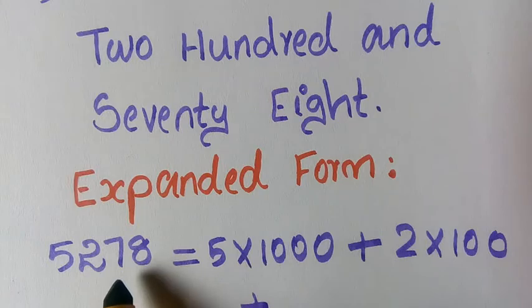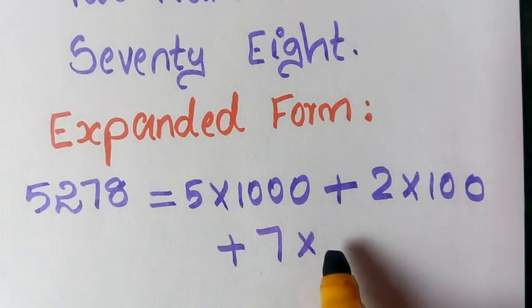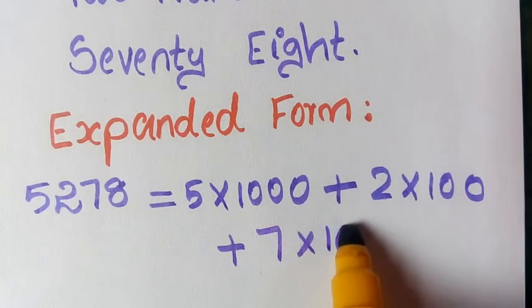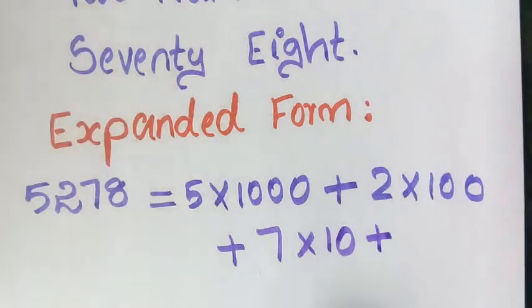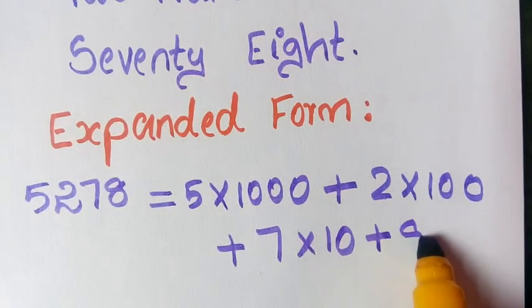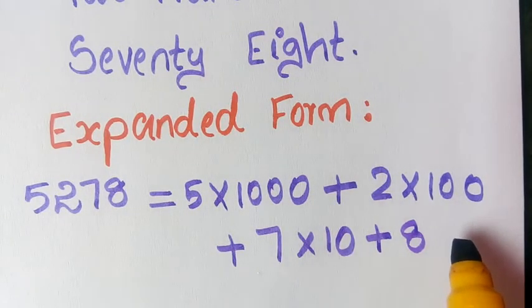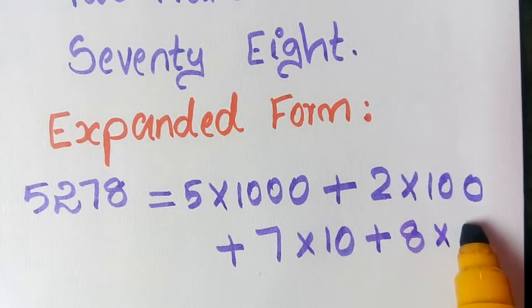We need to use the plus sign. The next digit is 7 into. What is the place value of 7? The place value of 7 is 10. So we need to put 10. Then we need to use the plus symbol. After that, the last digit is 8. 8 is in which place value? 8 is in ones place.